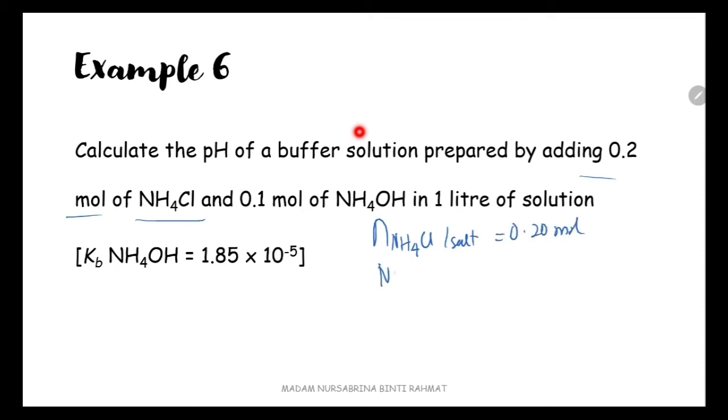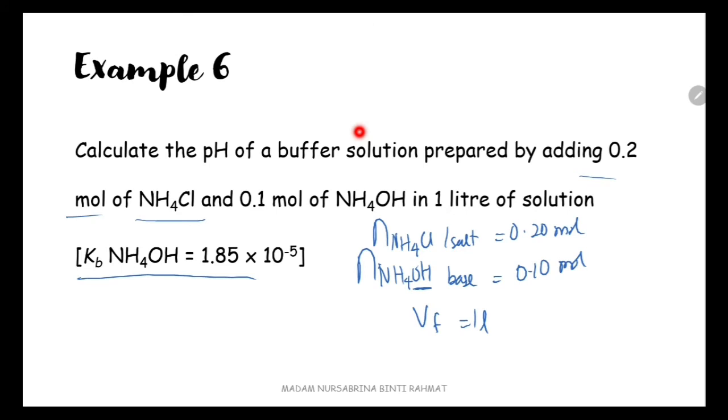Whereas our NH4OH, which has OH, so according to the Arrhenius theory, this is a base, is 0.10 mole. Now they give you the moles and the final volume, which is 1 liter. Therefore, you can calculate the concentration of your salt and base. They also give the base dissociation constant for your weak base.